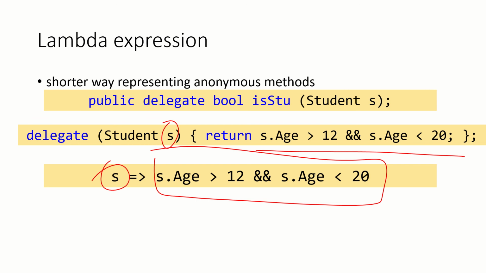They get rid of the keyword delegate, get rid of the class name, get rid of the parentheses, get rid of return, right?